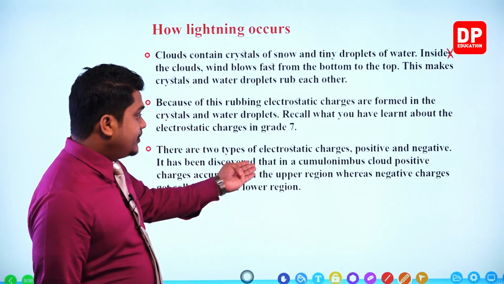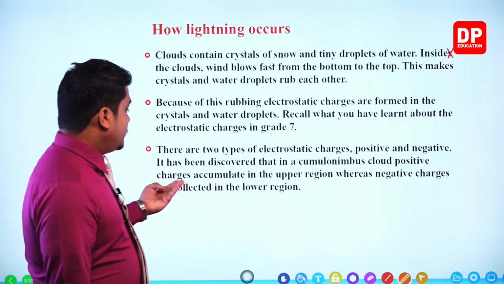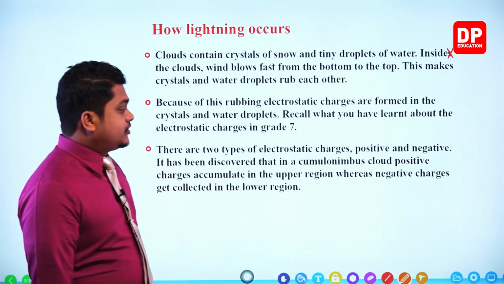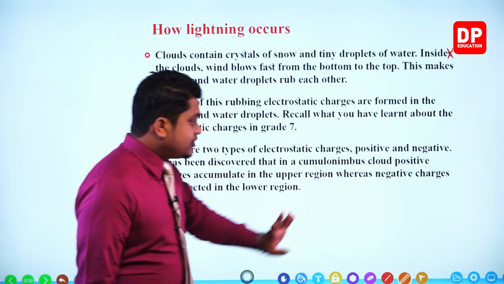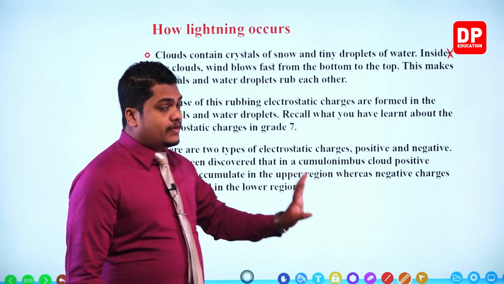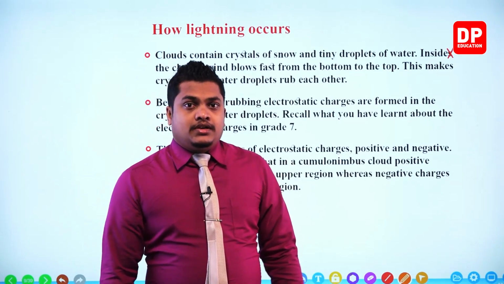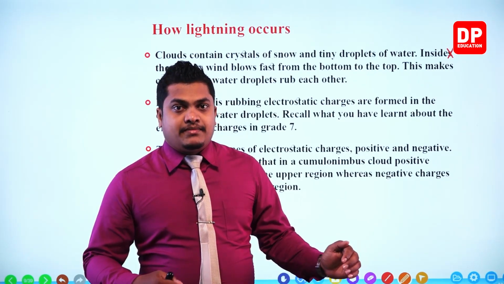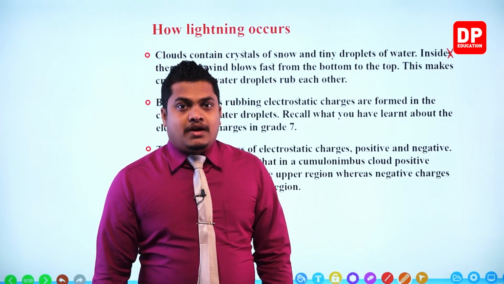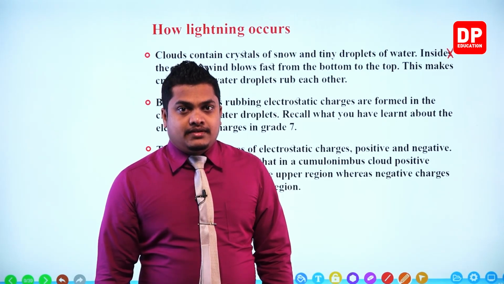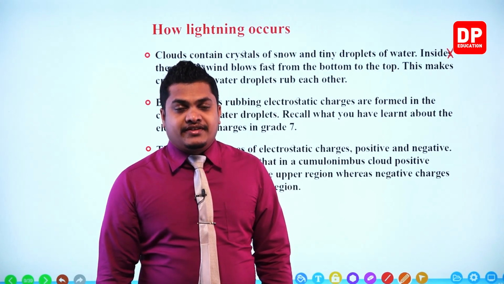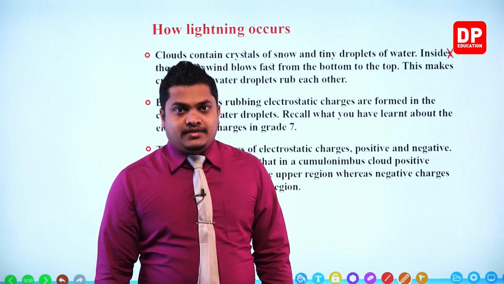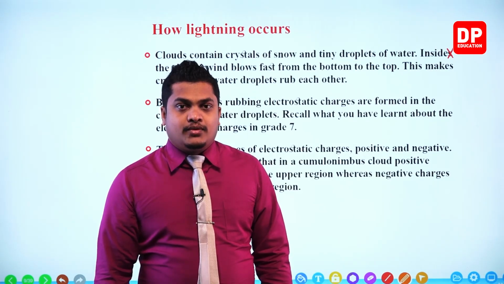So at the top, positive charges, and at the lower region or bottom, negative charges. Now it's going to be a disastrous moment. Because of the plus and minus nature of the two materials, a large potential difference is created.